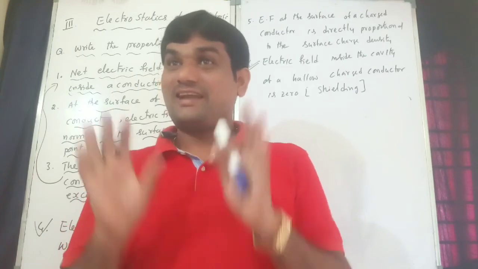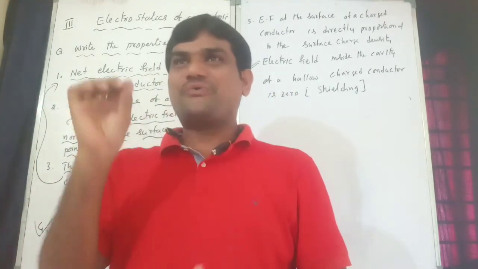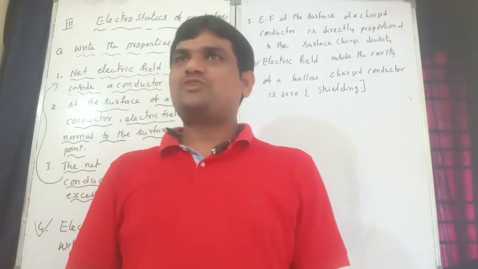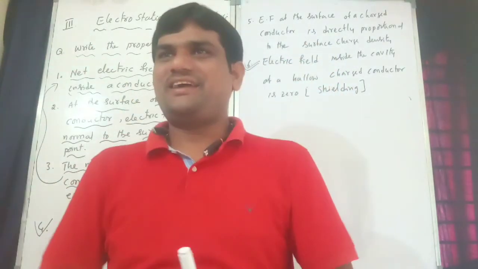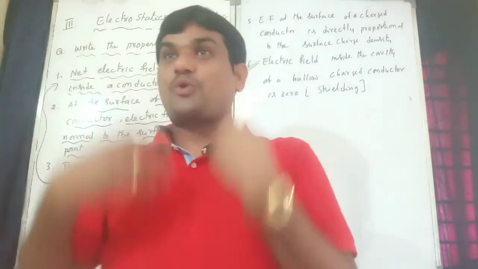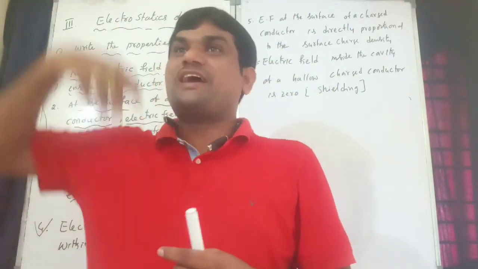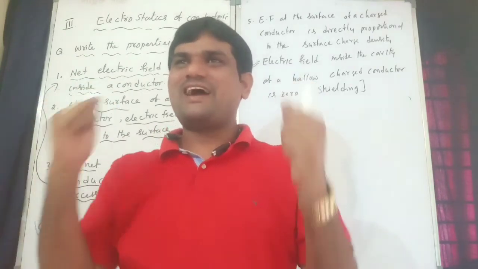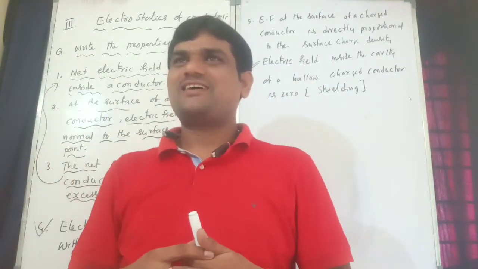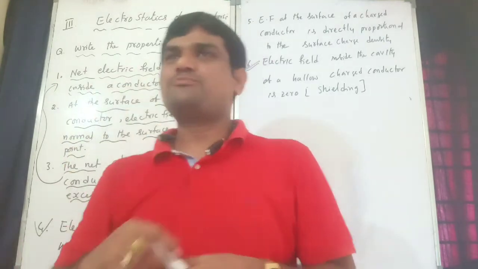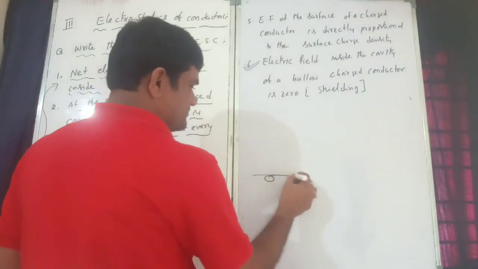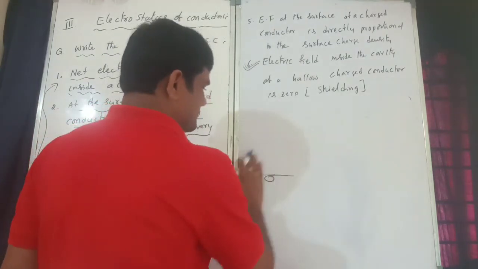Yes or no? Like that here also. We want to be protected by, yes, security. We want to be protected by electric charge. How, sir? For example, you are moving in the car.